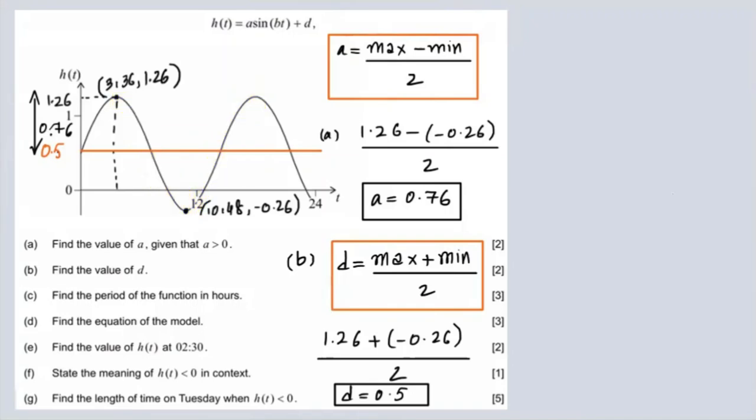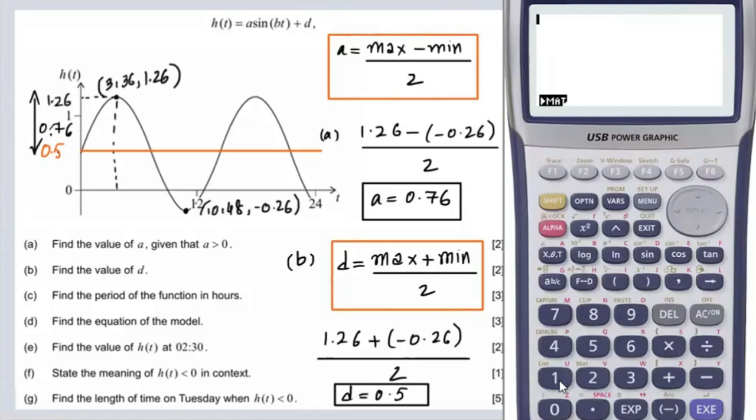Now listen to this carefully. To answer part C, just take a look at this. This time is 10:48 and that is 3:36. Let's subtract them. It's going to be 7 hours and 12 minutes, right? Let's write it as a complete hour, and that's going to be my half period.